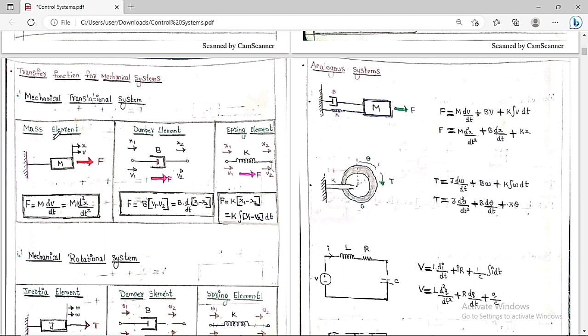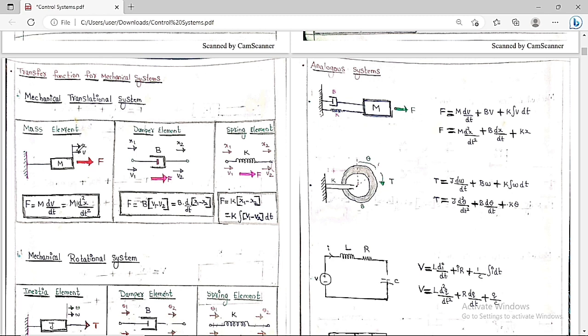For the mass element, suppose there is a mass m attached to a body like this. If I move this mass with the help of a force in this direction, then definitely it is going to move some distance, meaning it will have some displacement, and it will also have some velocity.